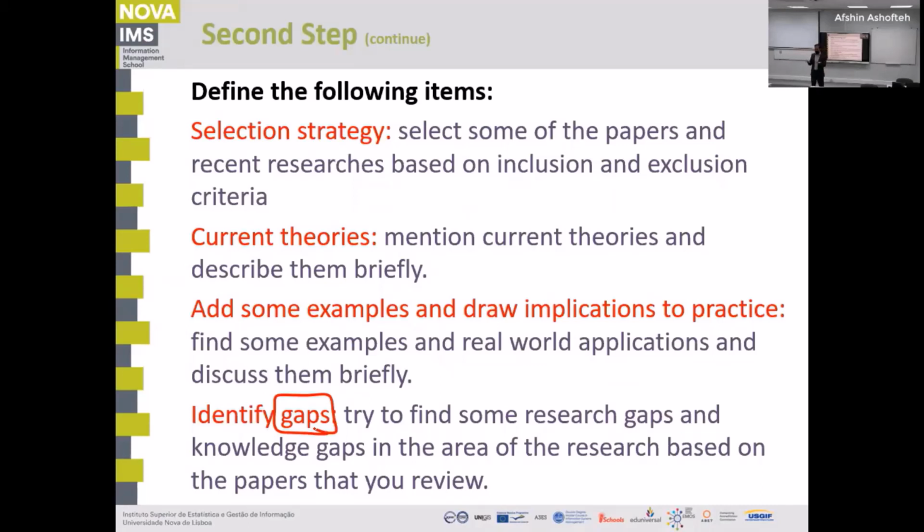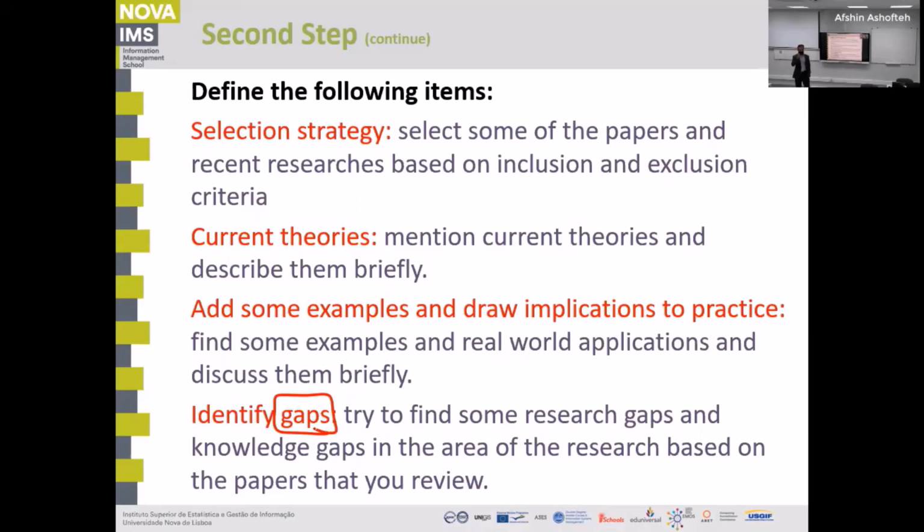Maybe the scope of the knowledge that you already have is not enough to make a good literature review and find the gaps, but you can find it from the other professionals in your area, the people who have been working in that area for 20 years, for 30 years, and they have mastery of that area, okay?